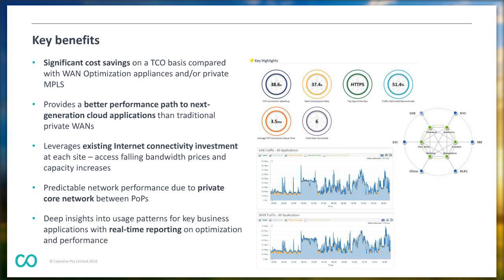So UDP traffic like video, for example, still sees a significant benefit when run over this network because the jitter and latency variation is far, far lower than what you see when you're taking that across what could be a 7 or 8 different ISP set of hops as it traverses from the edge site back to the data center. So we're putting it on a much better path as a result of the private core network in the middle.